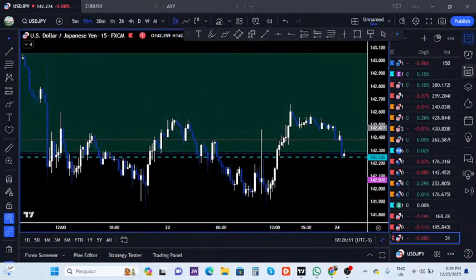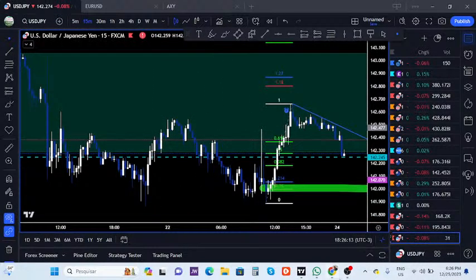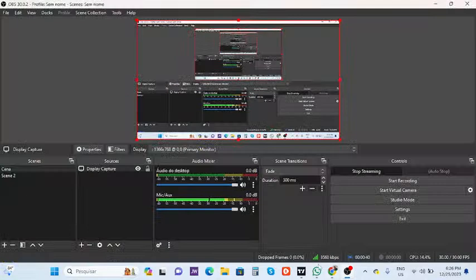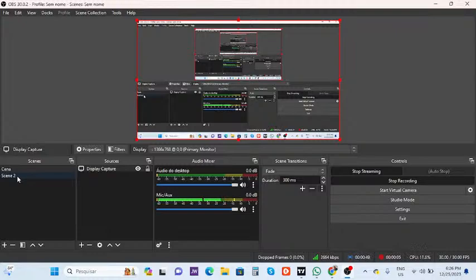I'm still trying to know how to use this stuff anyway, but let me quickly do something right here. It says start recording, and I'll be recording at the same time. Can I use my camera? Let me see.